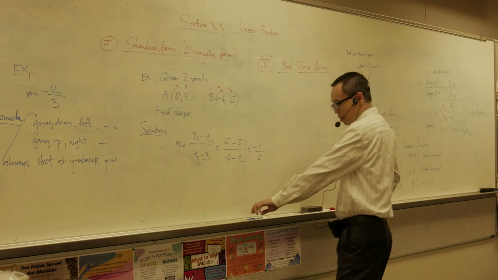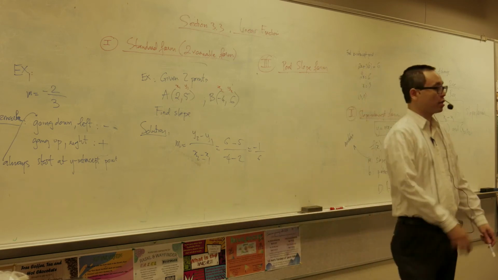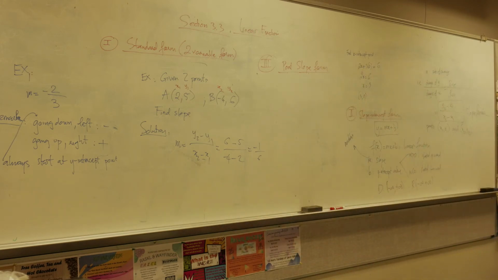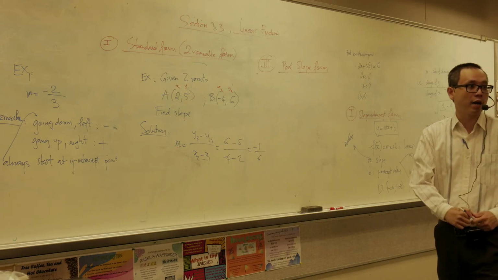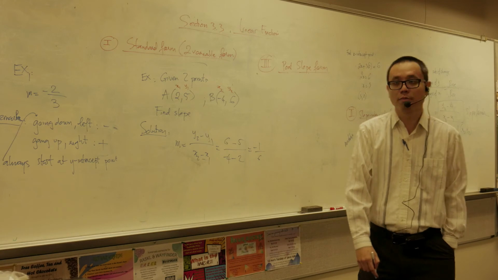Okay, what does point slope form look like? Of course, it is going to be related to the slope. Okay, and it's related to a point. So in order to write that equation, you must have a point.